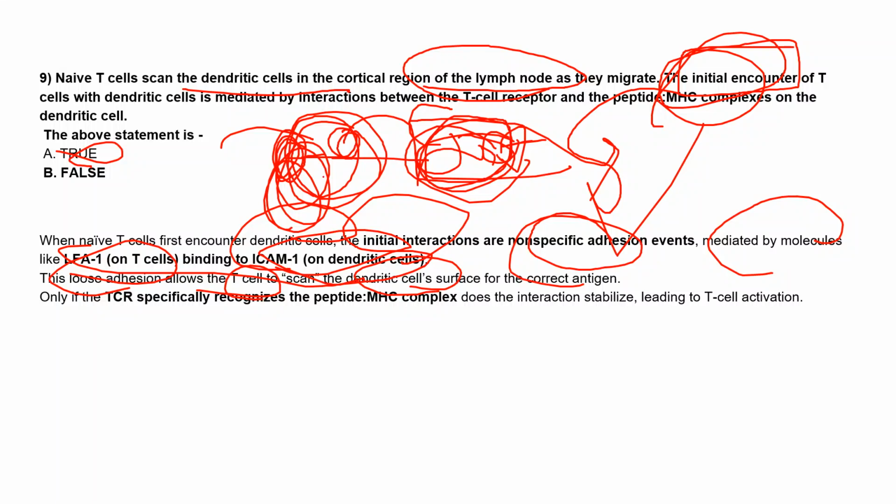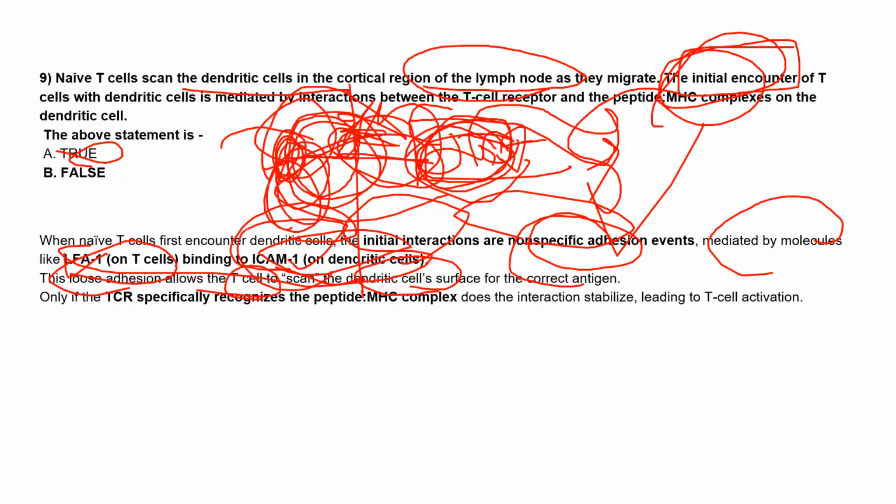After that, the interaction happens, the T cells recognize the peptide MHC molecules, and it stabilizes the activation. If they don't have the correct antigen and only have the body's own antigens, then they will not go for further reactions. So before that they have this non-specific adhesion event mediated by LFA1 on T cells and ICAM1 on dendritic cells.